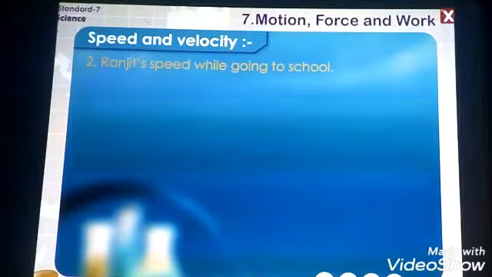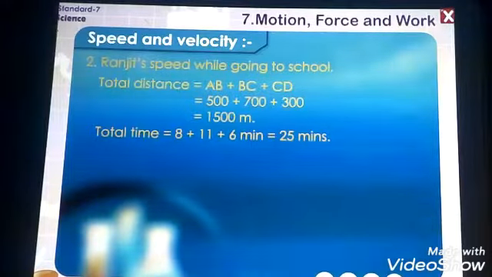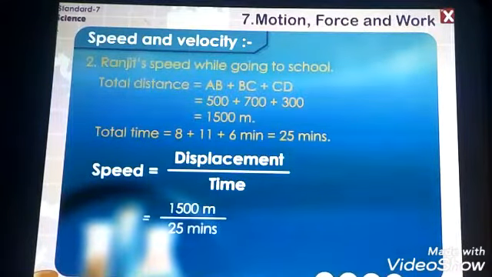Ranjit's speed while going to school. Total distance is equal to AB plus BC plus CD is equal to 500 plus 700 plus 300 is equal to 1500 meters. Total time is equal to 8 plus 11 plus 6 minutes is equal to 25 minutes. Therefore, speed is equal to displacement upon time.